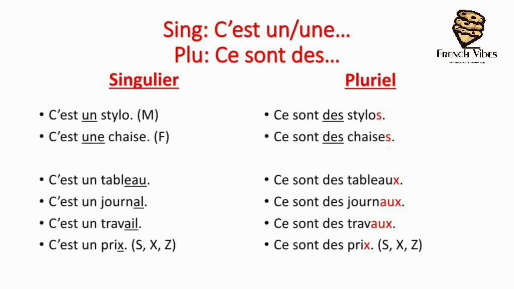So, the exception forms are when a term ends with two or three vowels back to back, in its plural form, we add an extra x instead of s. If a term ends with al or ail, then in its plural form, we add aux. And if a term ends with s, x or z, it remains as it is even in the plural.